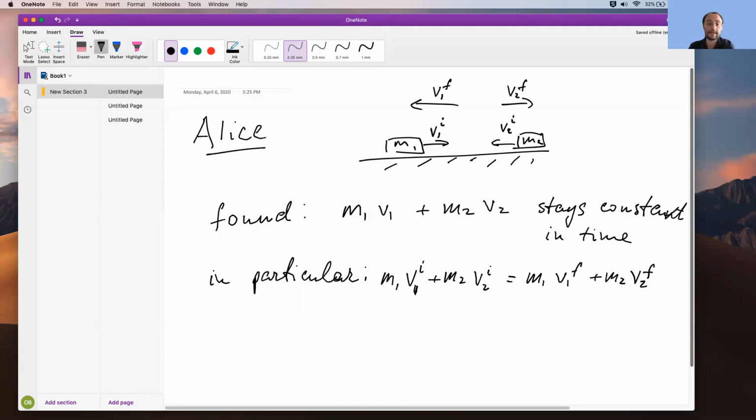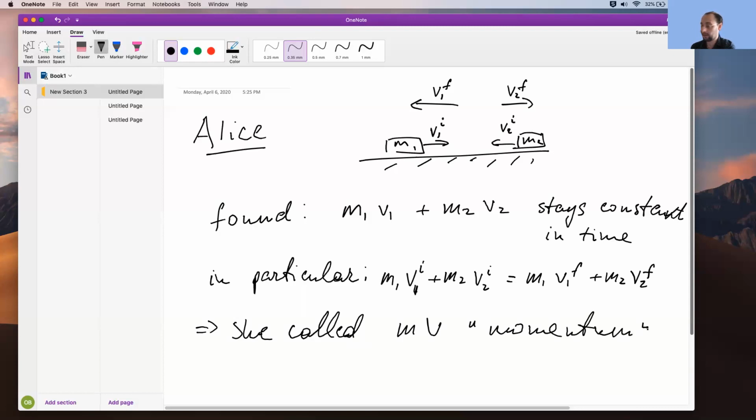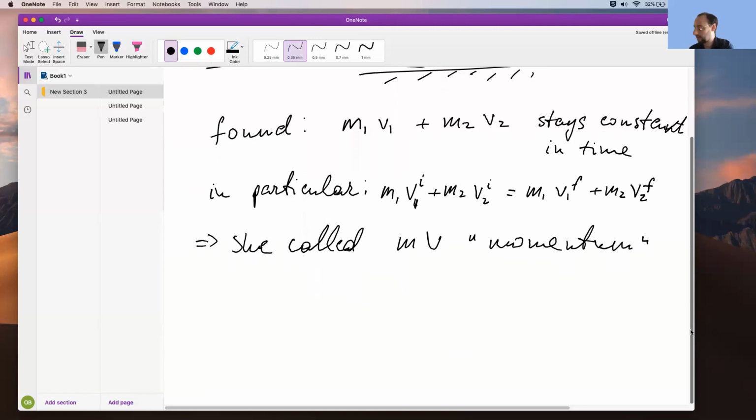So she realized that this combo clearly has a special significance. So she called this quantity MV momentum. Not only is she a good data taker, she's also a clairvoyant. She can foresee how things are called.